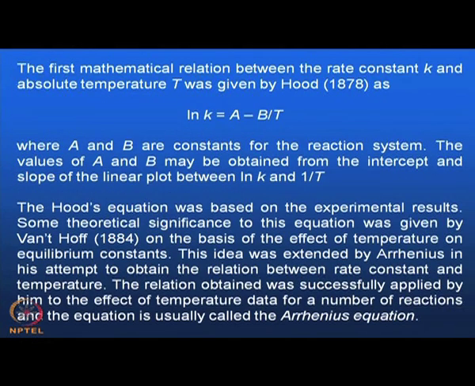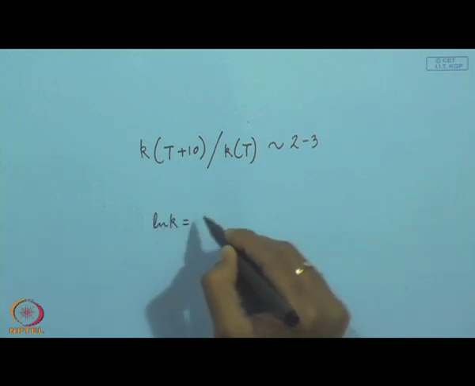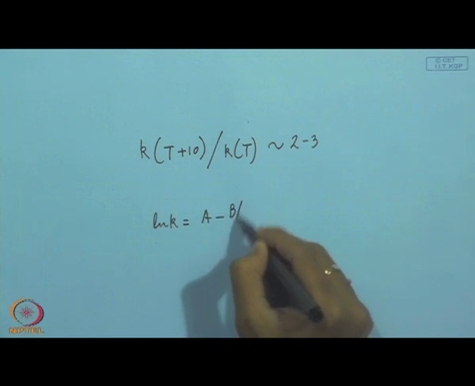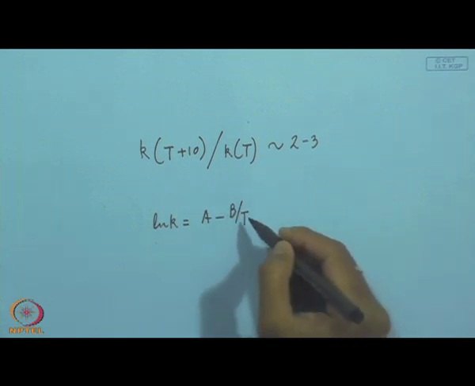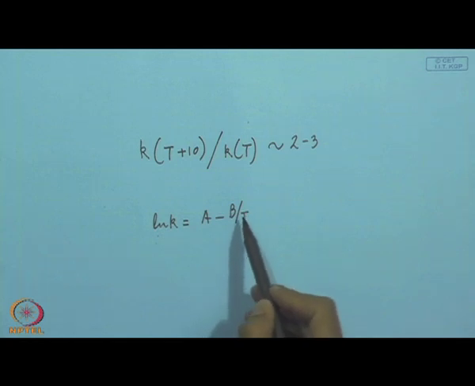The first mathematical relation between rate constant and absolute temperature was given by Hood in 1878 as follows: ln k is equal to A minus B by T. It is an empirical relation; as I talked about in the previous lecture, if you plot ln k versus 1 upon T, it will give you a linear slope.